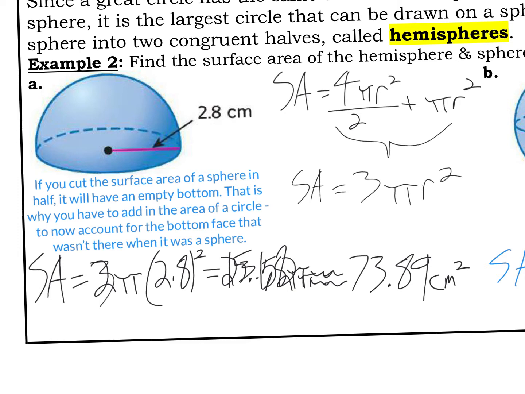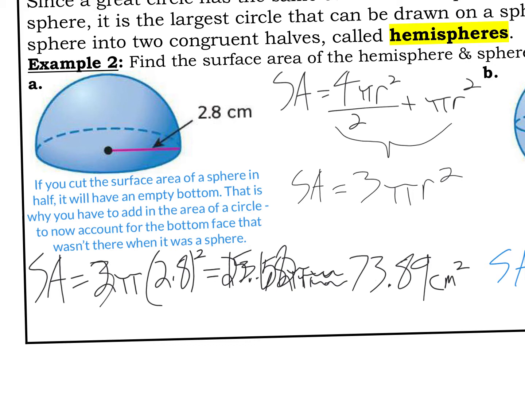If you were to cut a sphere in half, it would give it a bottom, right? Otherwise, you'd have this empty sphere, like a contact lens, and it would have no bottom. So you have to account for the bottom face of this sphere.